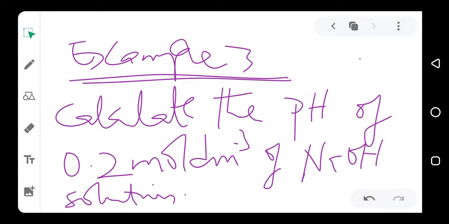If a solution produces OH, it is possible for us to talk about the pOH of it. And if we get pOH, we can talk about pH, because there is an interconnection between pH and pOH, which is that pH and pOH always give us 14.